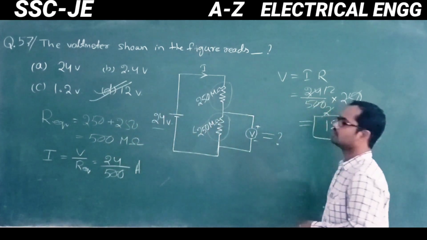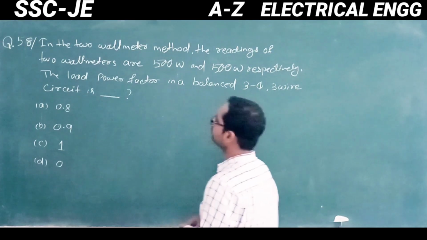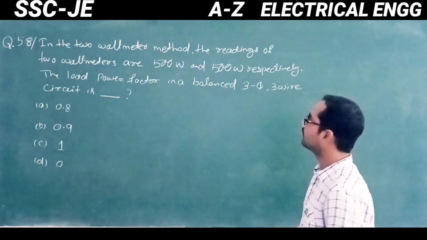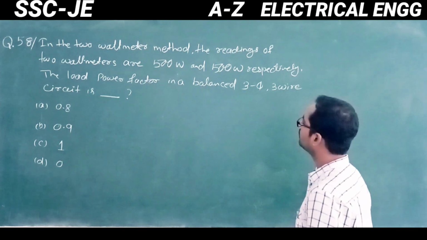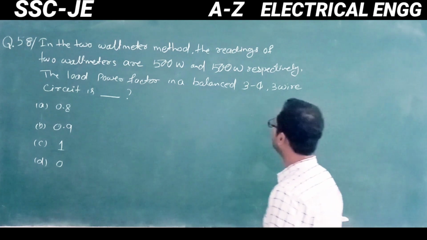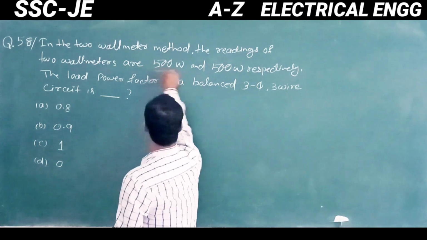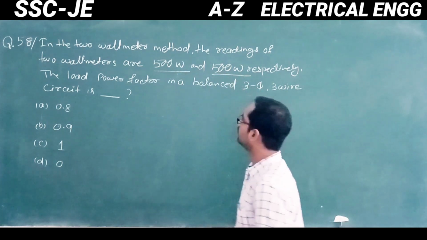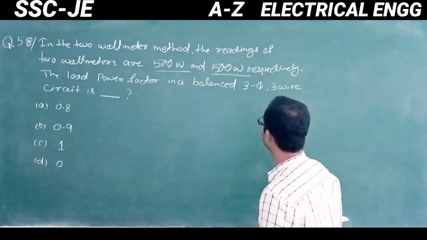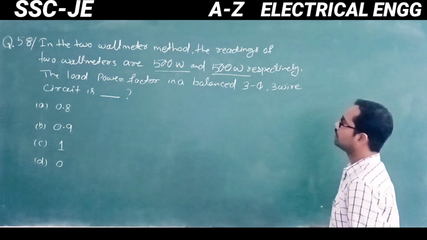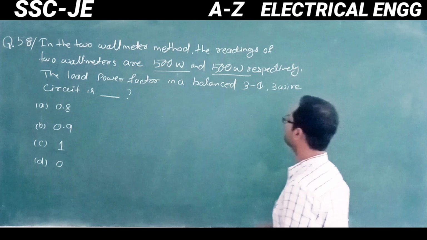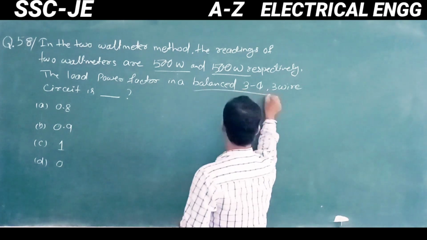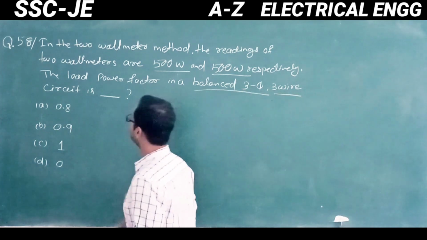So moving to the next question, 58. So here is the next question. In the 2 wattmeter method, the readings of 2 wattmeters are 500 watt and 500 watt respectively. So wattmeter 1 reads 500 watt, wattmeter 2 also reads 500 watt. The load power factor in the balanced 3 phase 3 wire circuit is dash.